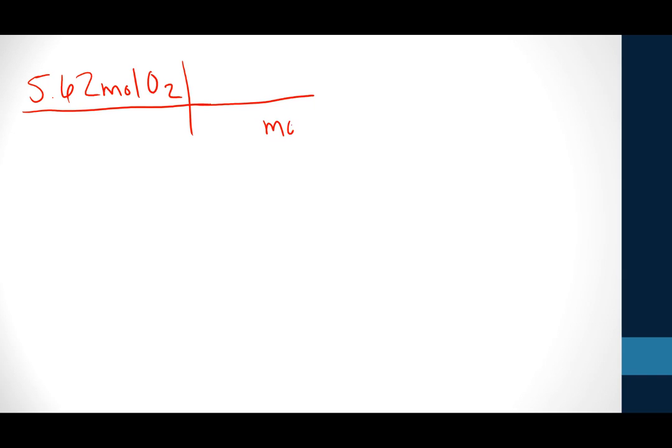All right, so I'm going to start a new slide. So we're going to do 5.62 moles of oxygen. And I'm just going to do a mole to mole ratio to get from moles of oxygen to moles of sodium chlorate. Okay.